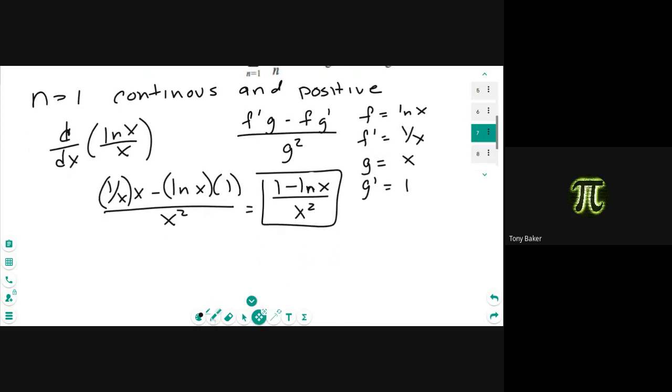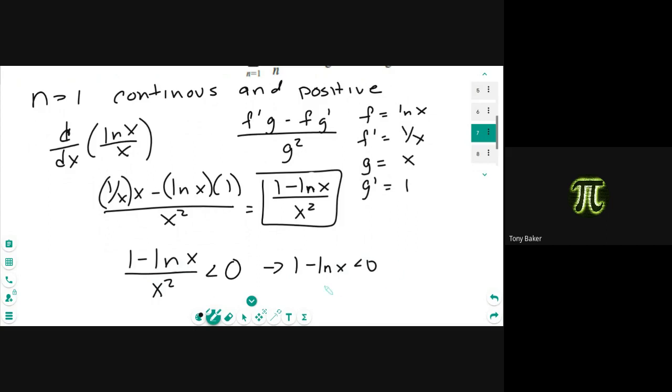I need this to be what? Negative, right? Because I want it to be decreasing, correct? So this has to be less than 0. Can the denominator ever be negative? The denominator is always positive, so I can ignore it and it's not going to change anything. So I really am just looking at 1 minus ln of x is less than 0.